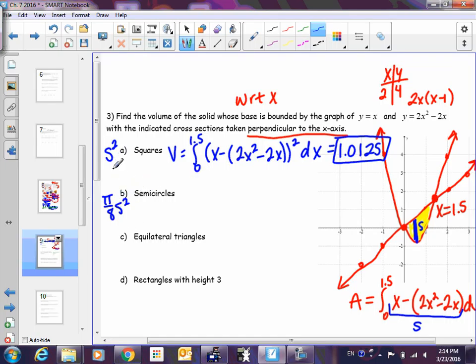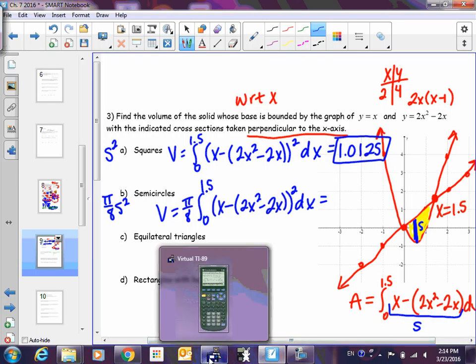Now, if you look at these, the only difference is multiplying by pi over 8. So this volume is going to be pi over 8 times the exact same integral. So since I already know the answer to part A, what could I do there? Just multiply by pi over 8, right?